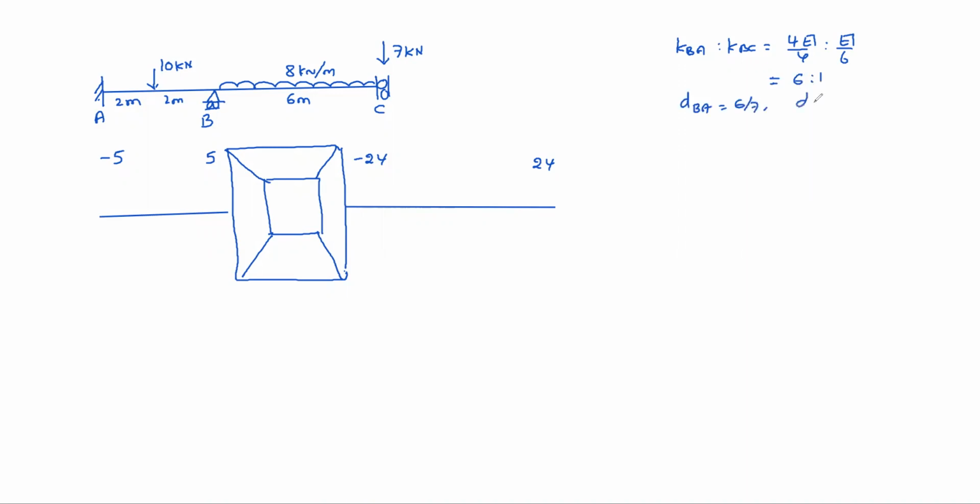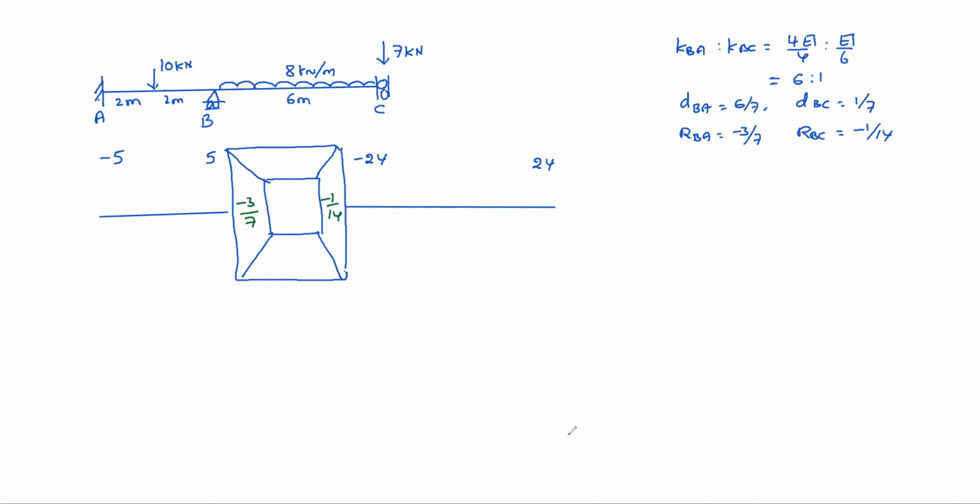Distribution factor of BC equals 1 by 7. Then the rotation factors are minus 3 by 7, minus 1 by 14. So mark it here: minus 3 by 7, minus 1 by 14. Now we need to adjust that one, the guided roller thing.